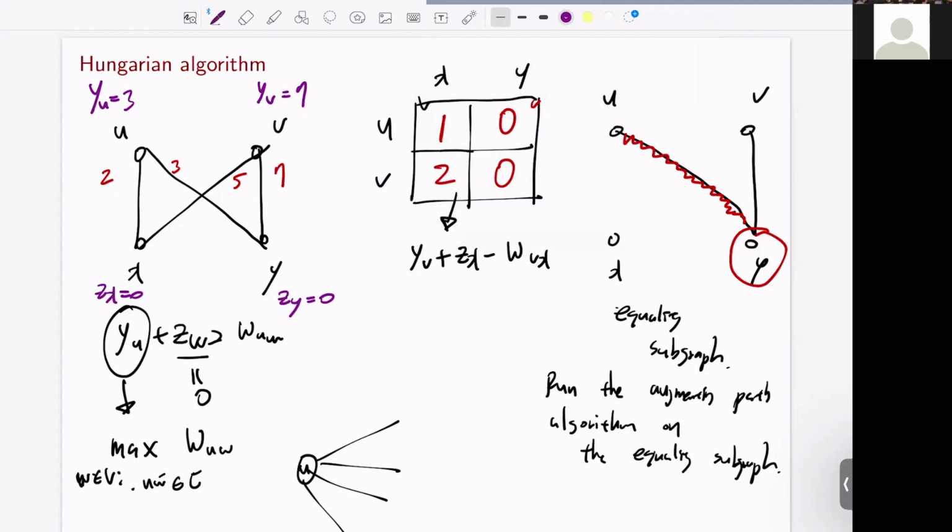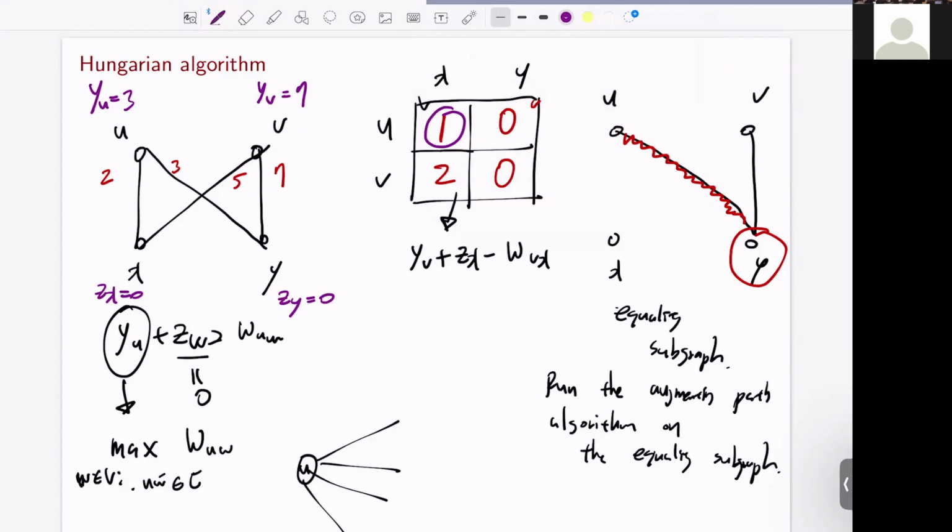So what you do is, I take this value 1, which is the minimum value.